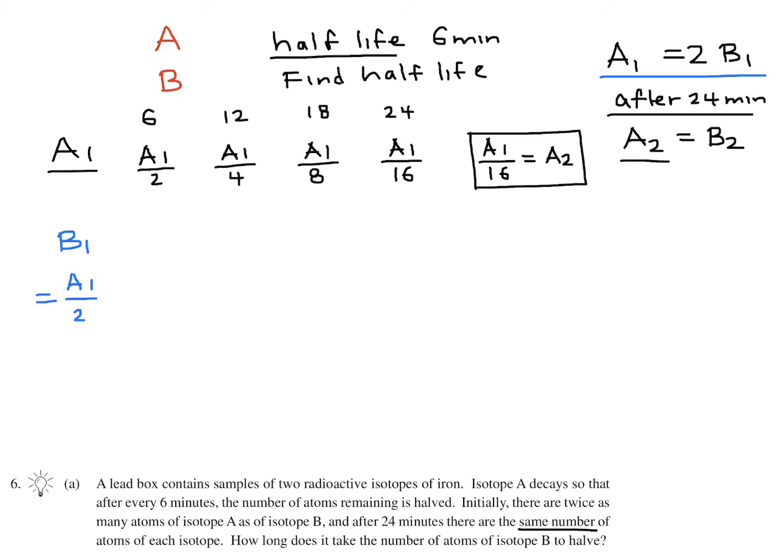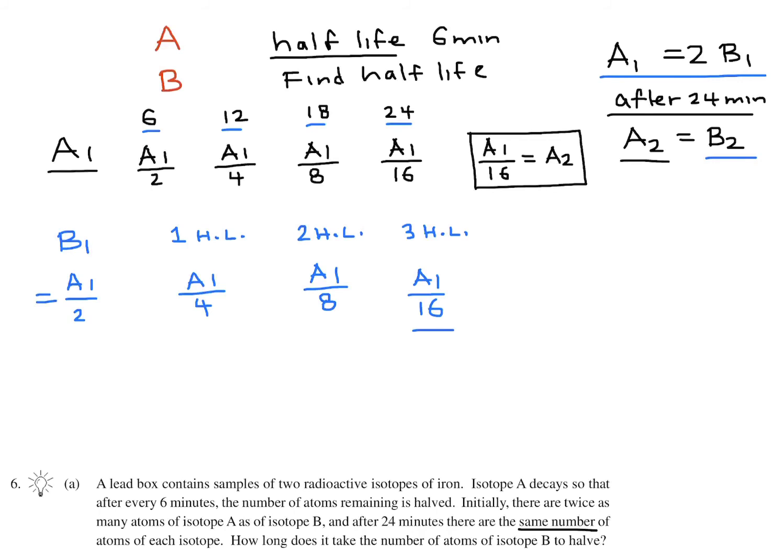So instead of writing 6, 12, 18, 24, since I don't know the half-life, I'll just write 1 half-life, like that. 1 HL, 1 half-life. After 1 half-life, this would become A1 over 4, correct? After 2 half-lives, it would become A1 over 8. And after 3 half-lives, it would become A1 over 16.